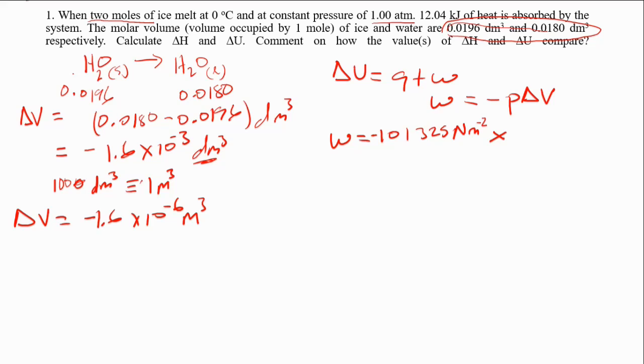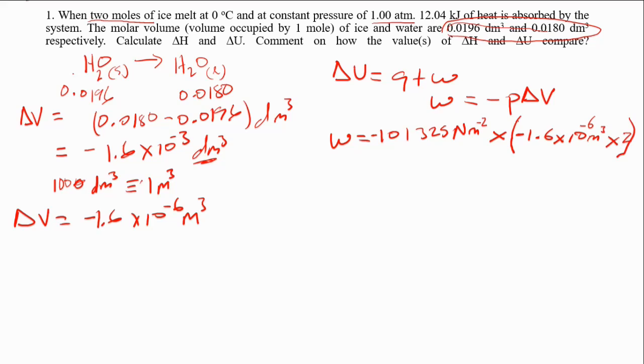Let's go over here and do all of that. So we are going to put delta V here. Delta V is minus 1.6 times 10 to the minus 6 meters cubed times 2, because we're dealing with 2 moles.